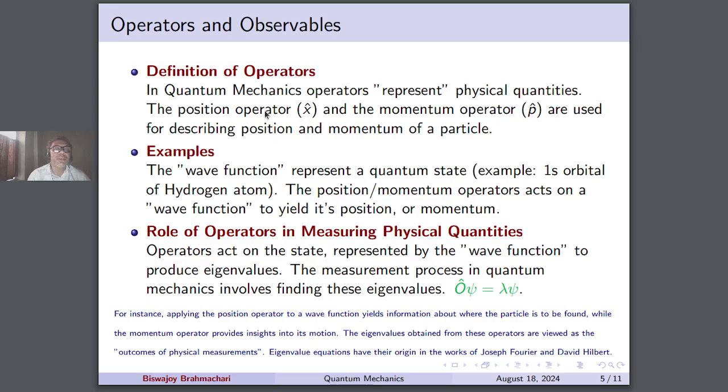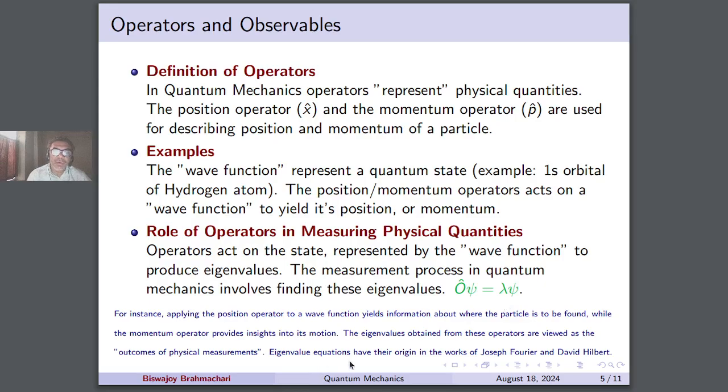So what are operators? In quantum mechanics, operators represent physical quantities in the form of this eigenvalue equation. Here the psi, the wave function, represents a quantum state. O is operator, lambda is eigenvalue, and this is again the quantum state, or the wave function. The wave function represents a quantum state, and the operator represents an observable, and the eigenvalue represents outcomes of measurements at the quantum level.